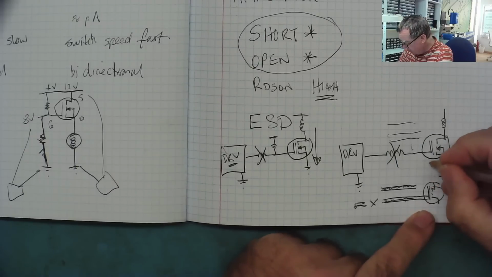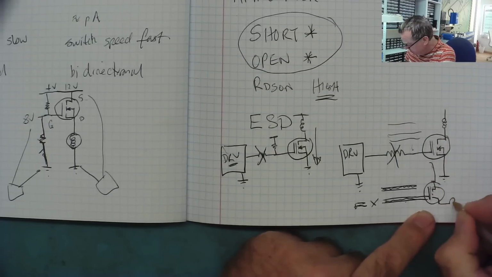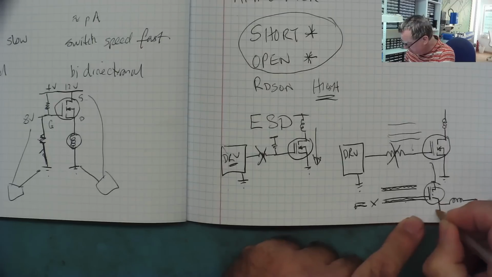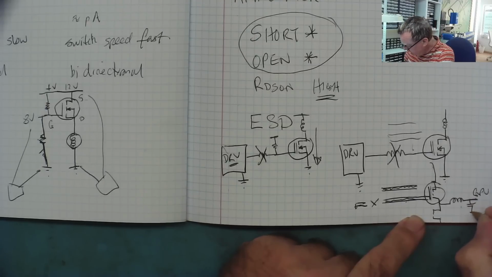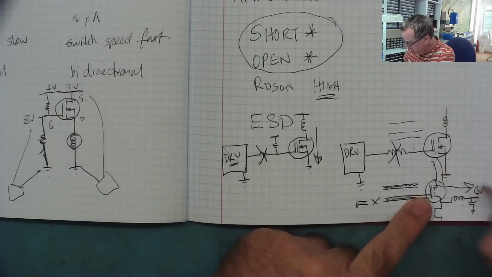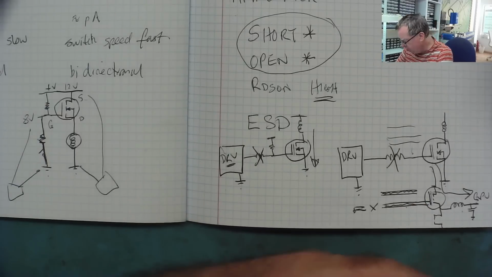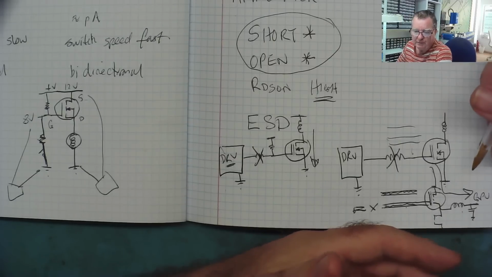And your 12 volts coming into here, assuming this, for example, is a buck regulator going off to your GPU or something like that, this will turn on, and the 12 volts will come down through here straight into your GPU or CPU or whatever. It doesn't want 12 volts, it wants 1 volt or 3 volts.